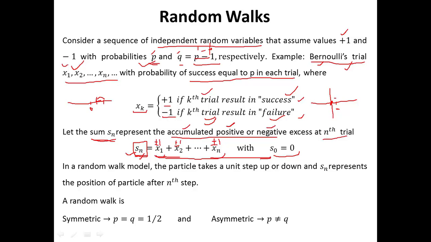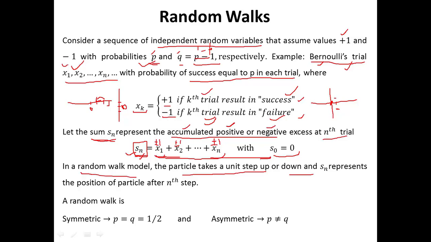So in a random walk model, actually the particle takes a unit step up or down. Just like this one, if we have considered here horizontal axis, but if we consider here it as a vertical axis, and initially it is at 0, and particle will take plus 1 if the event is success, with minus 1 if the event or trial is failure.